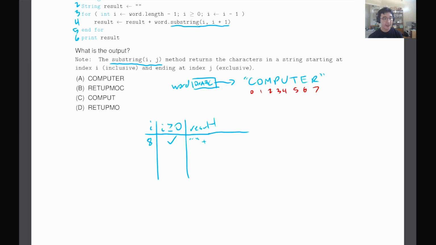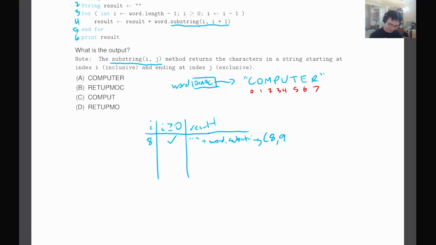So we're told that the substring(i, j) method returns the characters in a string starting at index i, ending at index j. So what is this? I'm just going to write it out for the first one. What is i? It'd be 8. And what is i plus 1? It'd be 9.